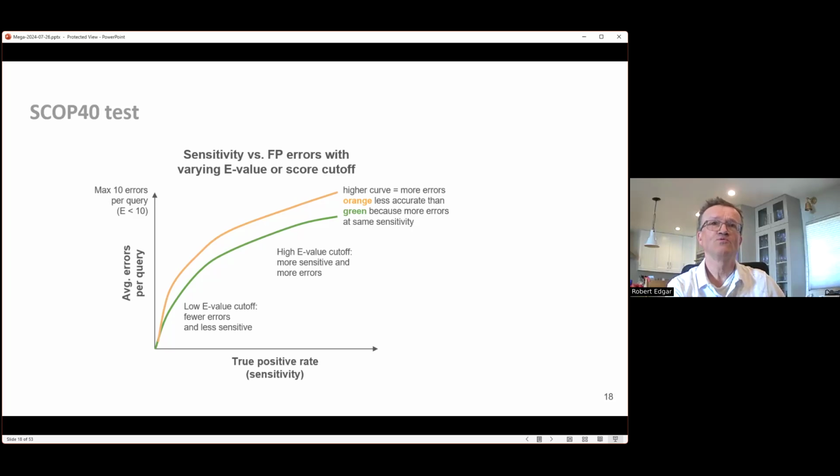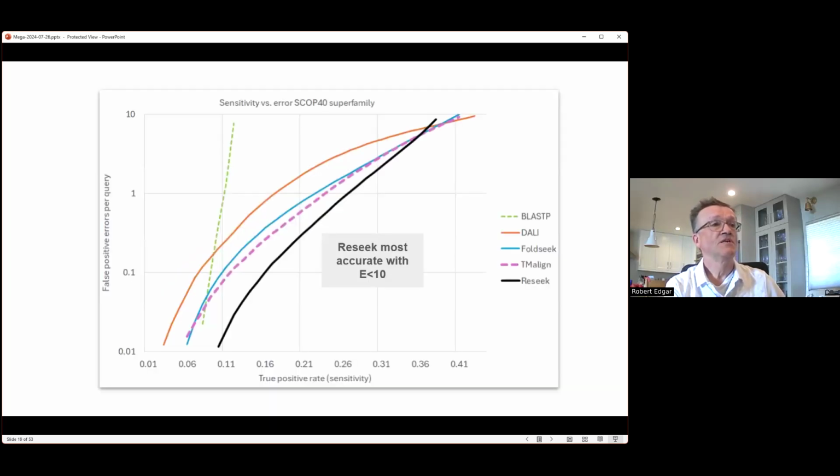So let's look at some actual results. So this is BLAST, DALI, Foldseek, TM-Align, and Reseek on SCOP40 with superfamily as the standard of correctness. And notice there's a log scale for the errors.